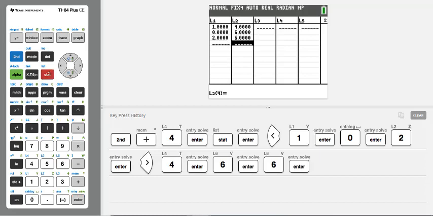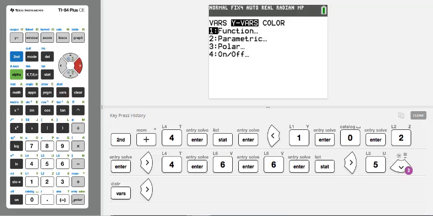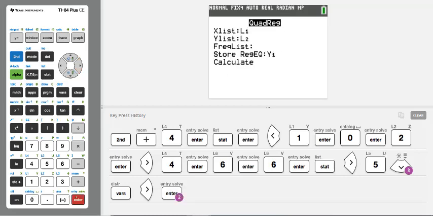All right, now stat, arrow, number 5, which is quadratic, and vars, arrow, enter, enter for y1, and then of course calculate, boom, and it gives me 2, -4, and 6.